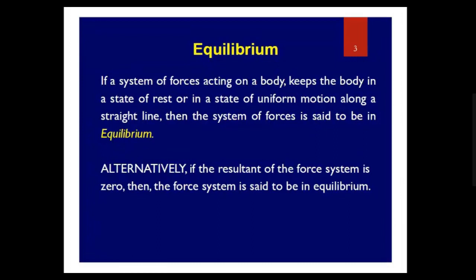And when I say sum of all the forces, it means the forces as well as the moments. So the sum of all the forces must be equal to zero, as well as the sum of all the moments must be equal to zero in a body. If these two conditions prevail, then mathematically I can say that that body or that force system is in equilibrium.